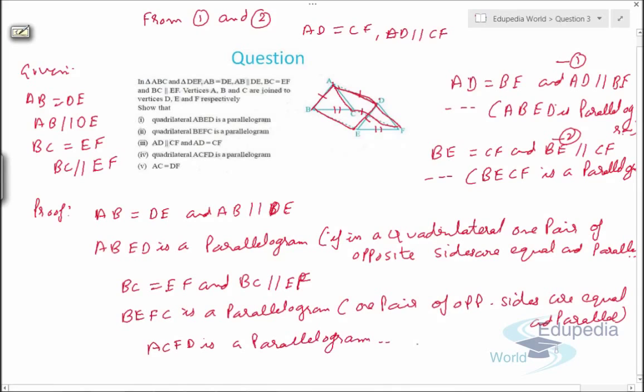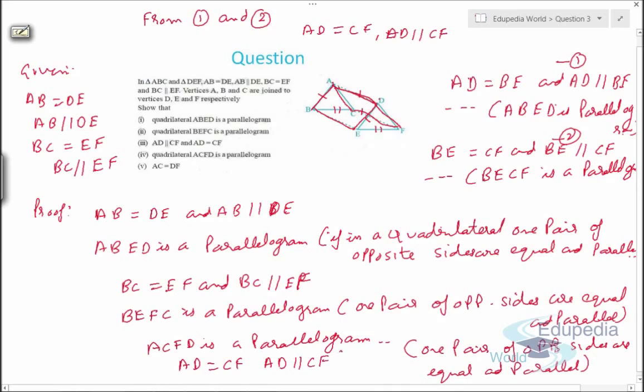So why is it a parallelogram? Again, if one pair of opposite sides are equal and parallel, it's a parallelogram. So we can write why it's a parallelogram. Why? Because AD equals CF and AD is also parallel to CF.